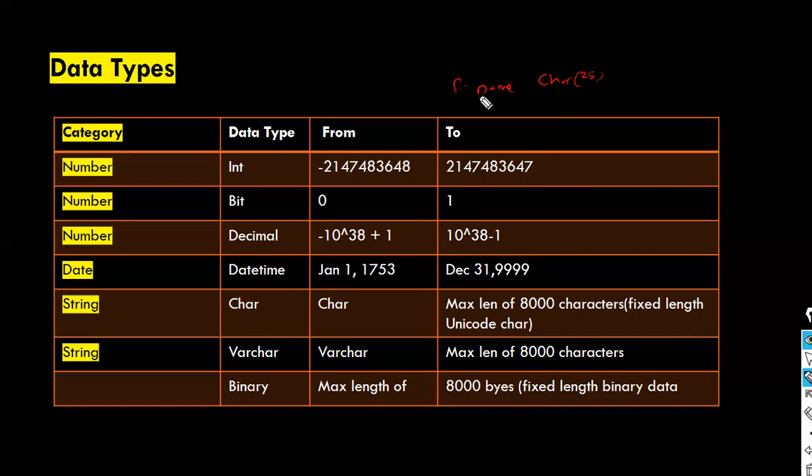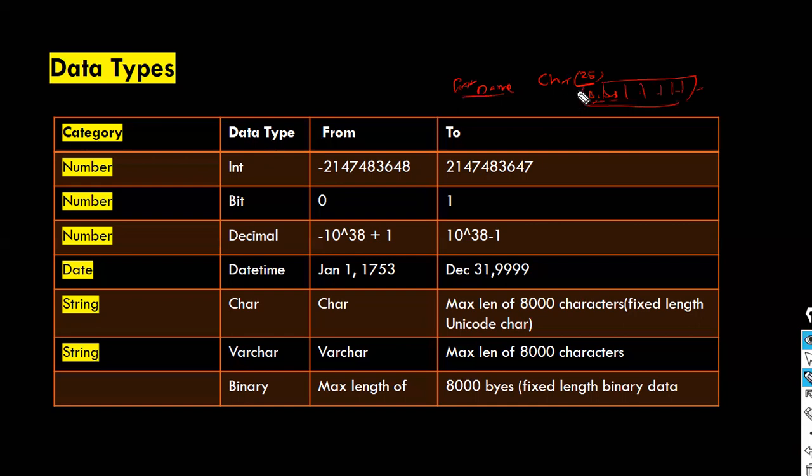What happens is if you give the data type width as 25, it is going to store the first name with this fixed length, irrespective of the length of the customer name. For example, a specific customer name is Babu, just 4 letters, but it will consume 25 fixed characters here. The rest of them are left blank. So it's a fixed length string, which is the character data type.